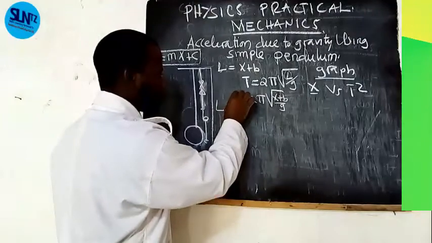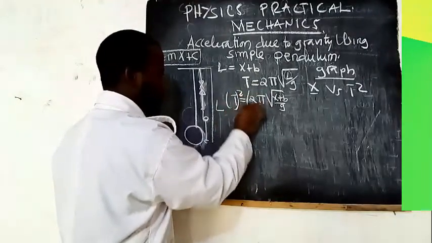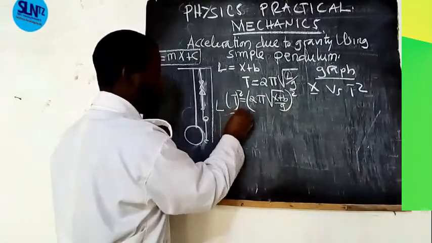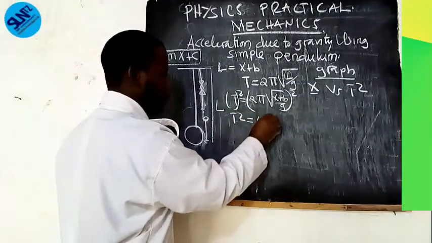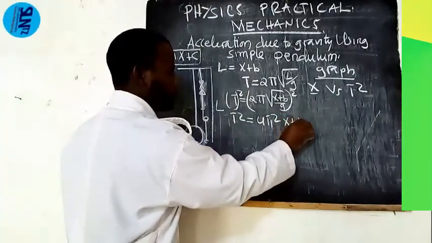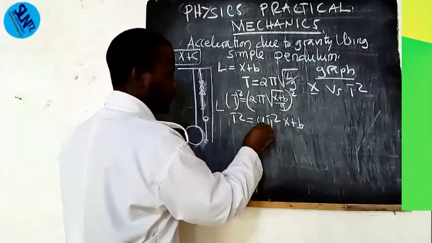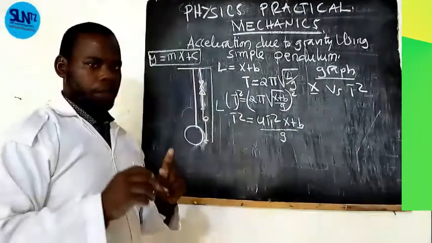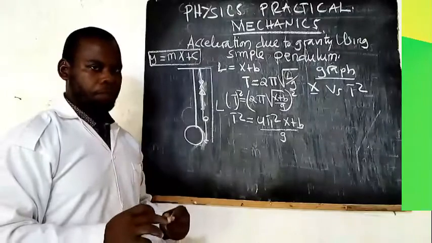In order to get t squared, we square both sides. It will be t squared is equal to 4 pi squared times x plus b over g. That is the first step.